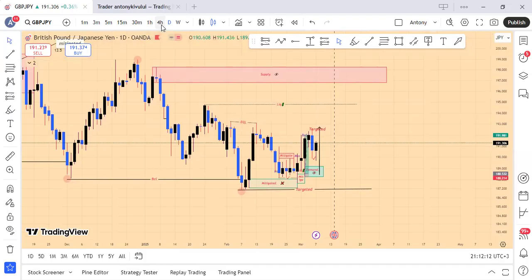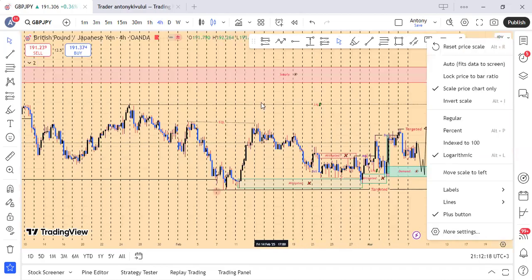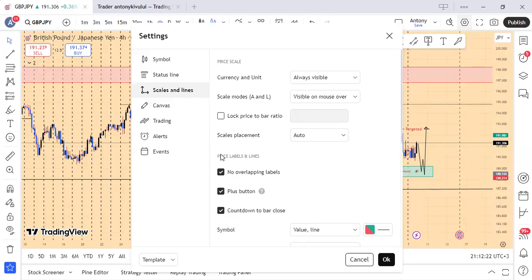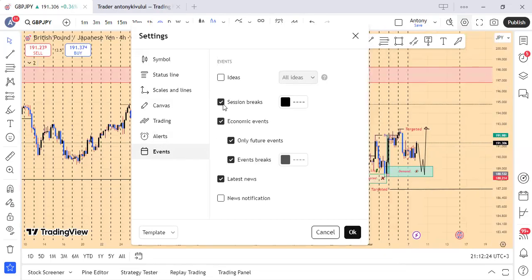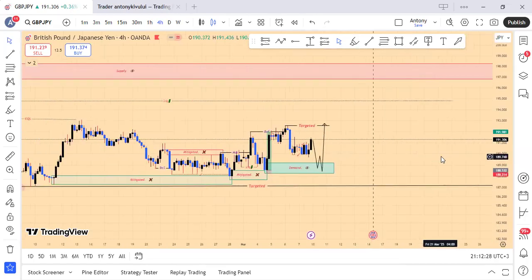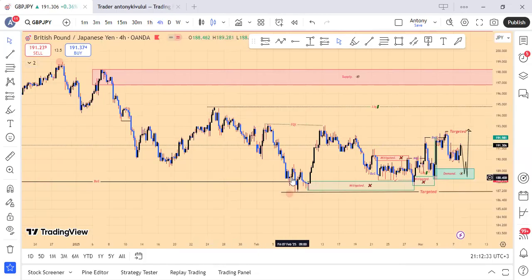Okay, so if I go down to the 4 hour time frame, let me first remove these lines on my chart. Now I am in a 4 hour time frame. Remember, when you go down time frames, you get the zoomed version of the higher time frame.